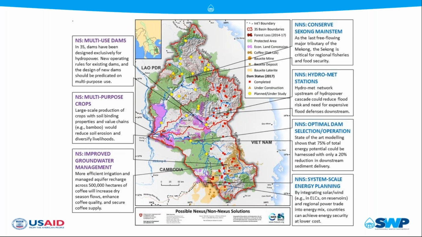Now, that could be small-scale hydropower, it could be other options for renewable energy production. But by investing in its own sources for energy production, it would save money and reduce pressure on transboundary trade of energy between the other countries.